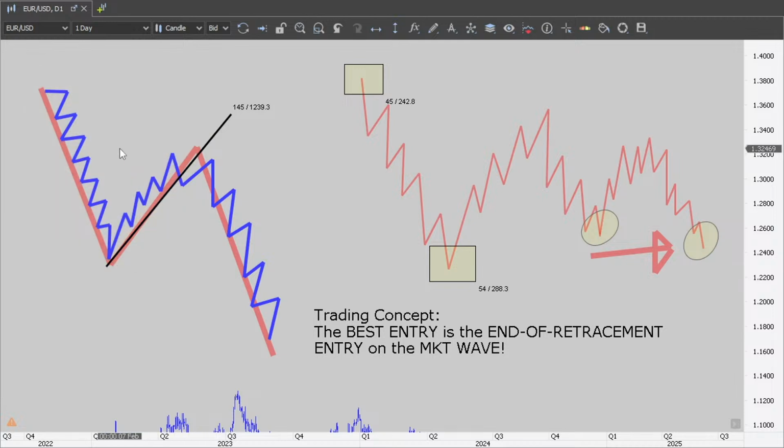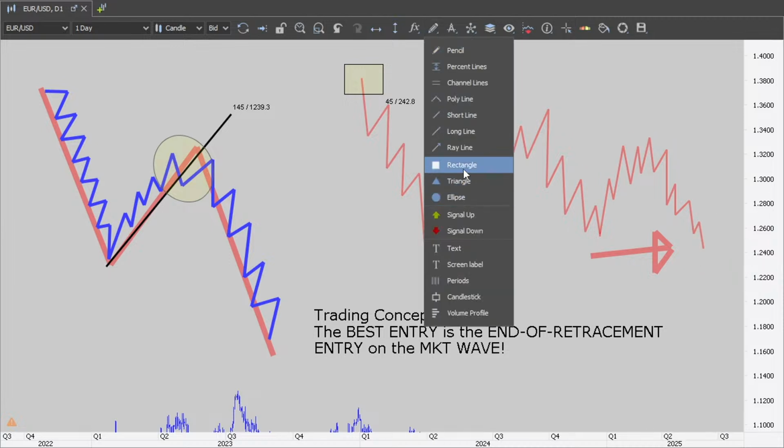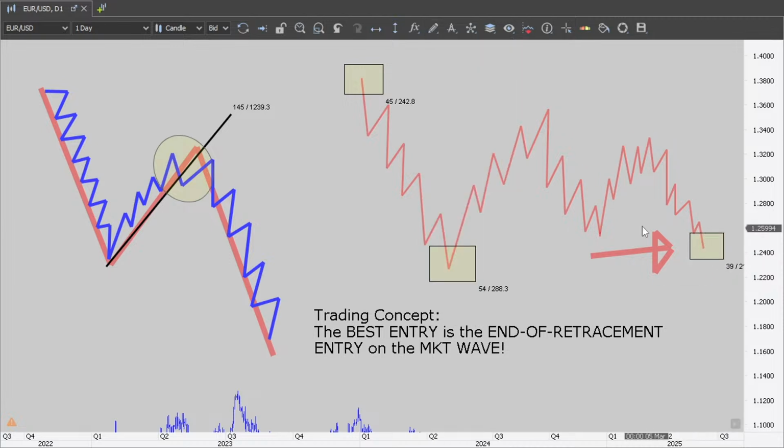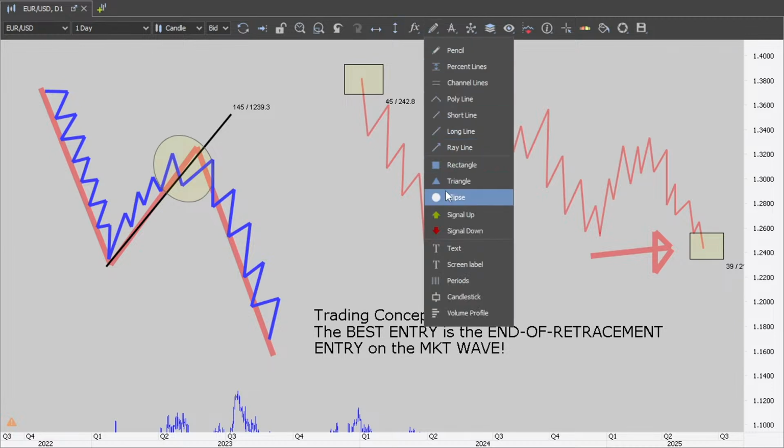Okay, everybody? In this example, the end of the retracement is the circle in here, because it's the lowest. Very good. So you got this right. Okay, we're going to put a rectangle. Now, which one is the relevant high?